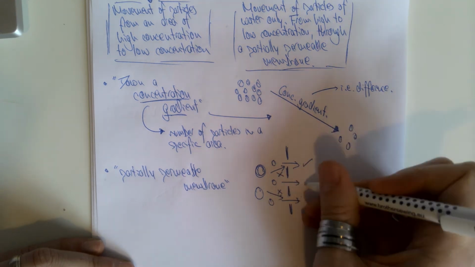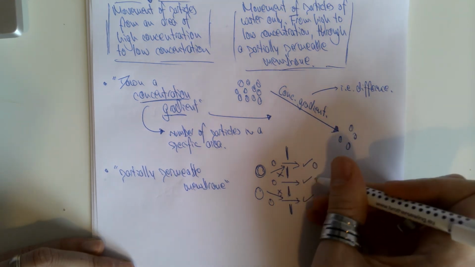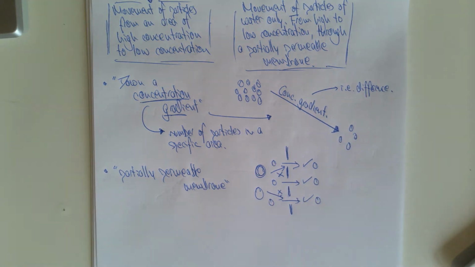If they're too large, they can't fit through. Whereas if they're the right size, they will fit through. Okay, so we've got this idea of partially permeable membrane, concentration gradient, diffusion, and osmosis.